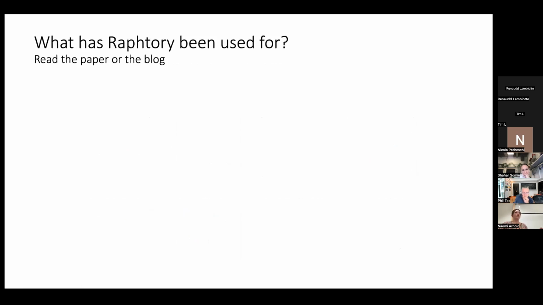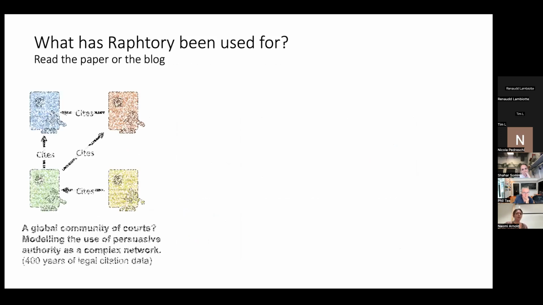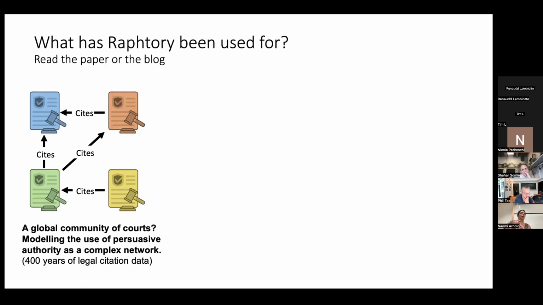And just to give a flavour for some of the things that Raphtory has been used for, and I think all these have a piece on the Raphtory blog. There was some work with a legal company who had 400 years of citation network data, where you had legal judgments that used another one as precedent.